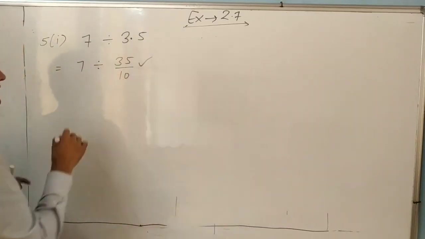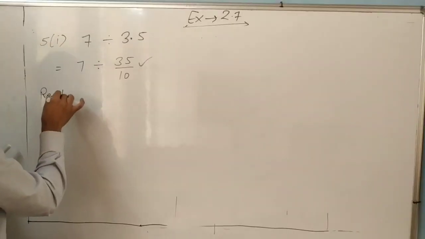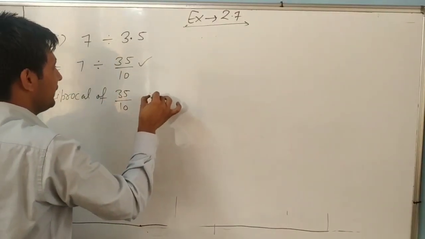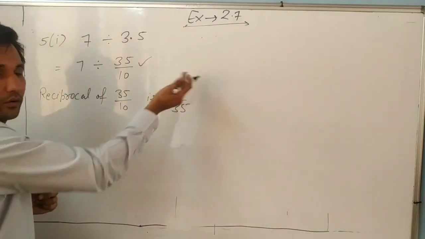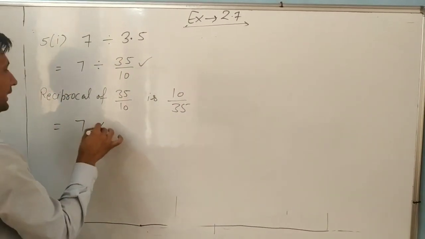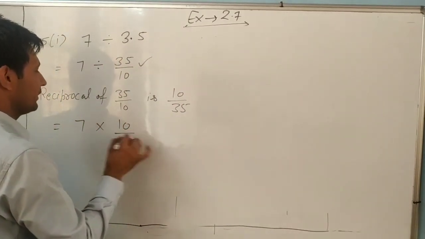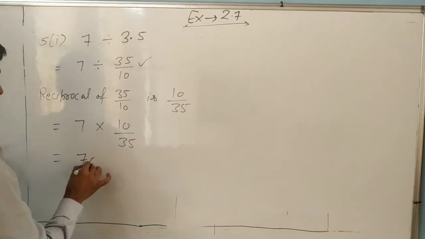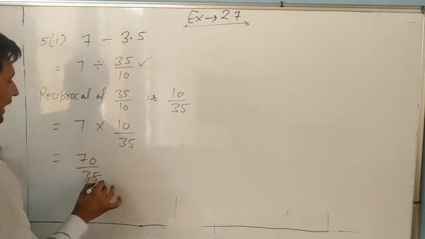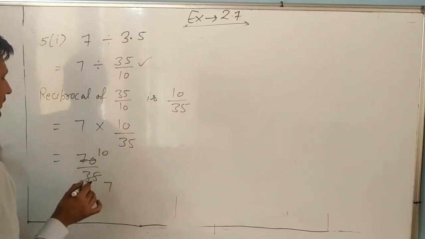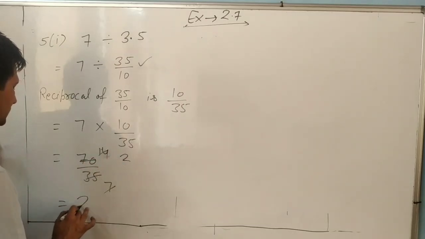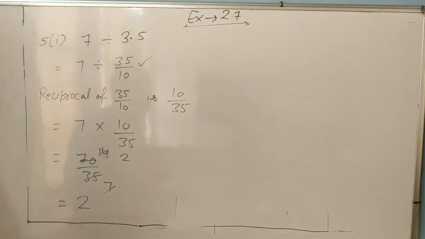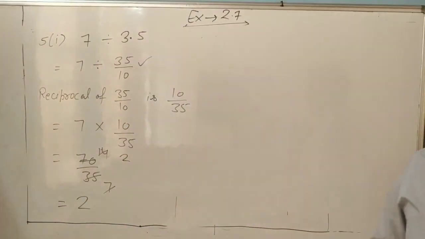So we need the reciprocal. The reciprocal of 35 by 10 is 10 upon 35. We always take the reciprocal of the second number. Next, 7 multiply by 10 upon 35. So it means 70 upon 35. 35 sevens are 245... sorry, it is 35 twos are 70. So what is your answer? The answer is 2. Understand, dear? It is our answer, 2.